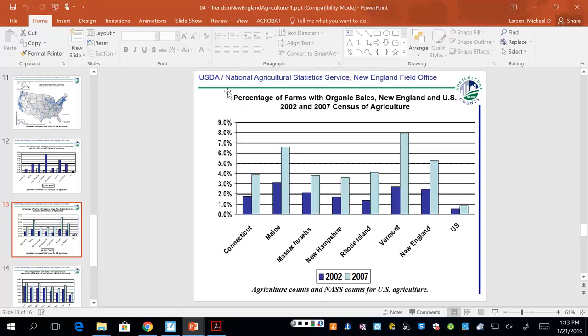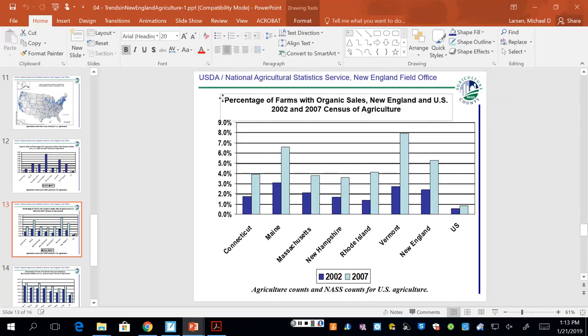Then it has this one: percent of farms with organic sales in New England. So eventually down here, we get something that's completely qualitative. The states are qualitative, a category. And then the organic versus not is the category.